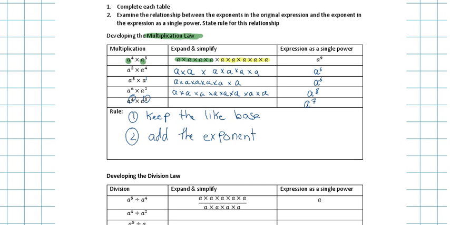Okay? So this says that if I have a to the power of m, whatever the number is, times a to the power of n, my answer is going to be base a, to the power of m plus n. Are we okay with that?